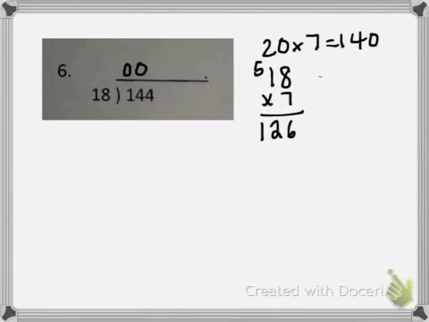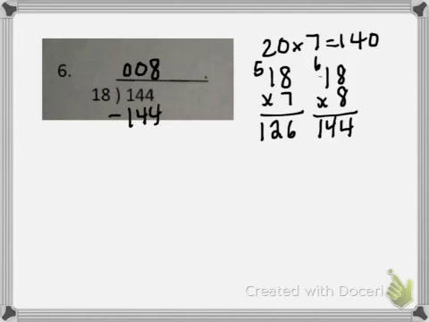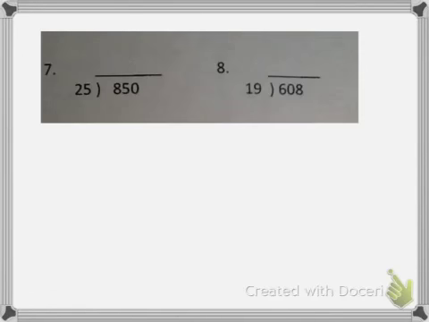So 126. I'm going to try one higher, 18 times 8, and see if that's going to be too high. 8 times 8 is 64, carry the 6. 8 times 1 is 8, plus 6 is 14. So it looks like 18 goes into 144 exactly 8 times, with 0 remainder. So the quotient is 8.